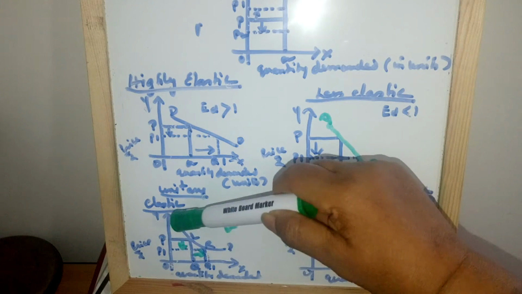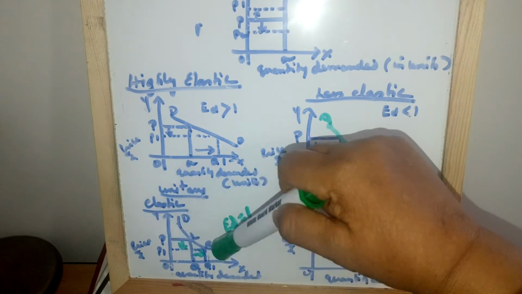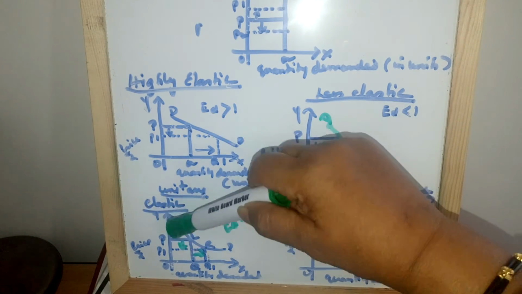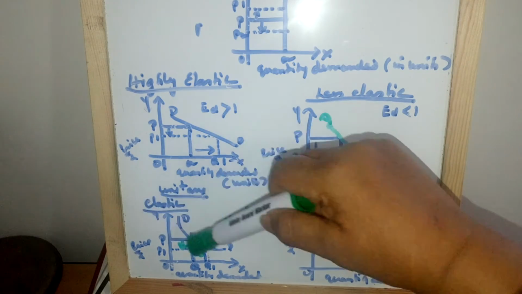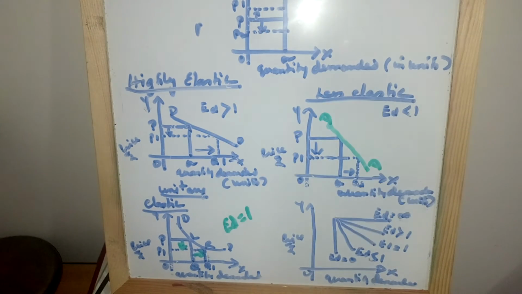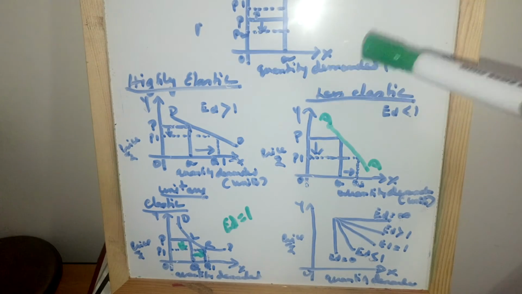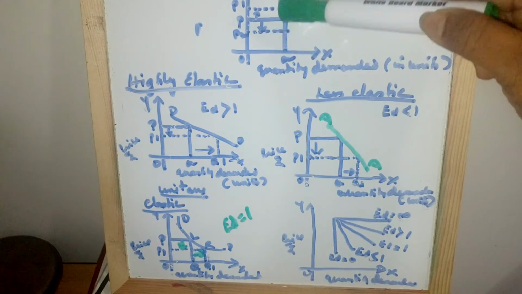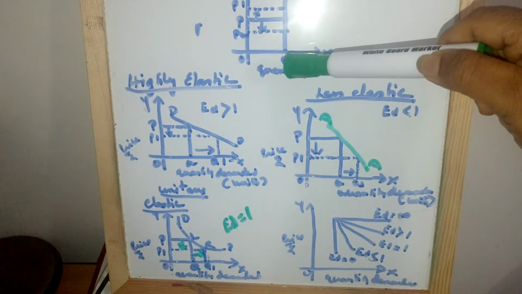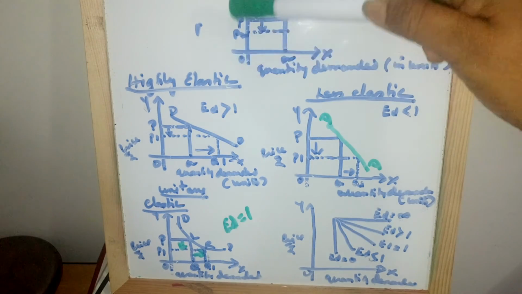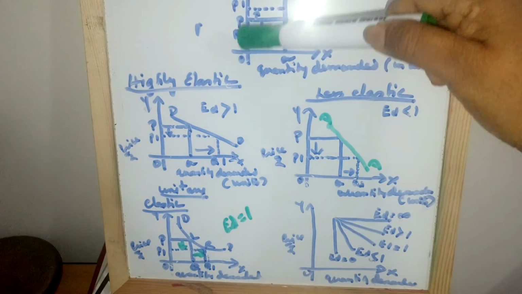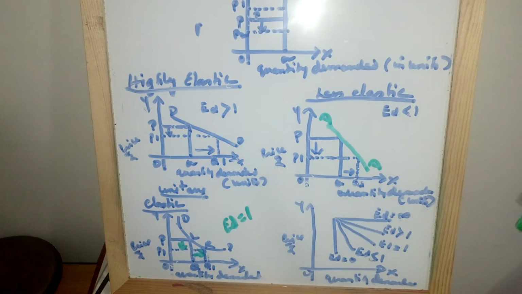So here you find a rectangular hyperbola, this curve. Perfectly elastic demand, you find the demand curve DD is parallel to the x-axis and is a horizontal line. Perfectly inelastic, we find the demand curve is a vertical straight line, parallel to the y-axis, that is the price axis.